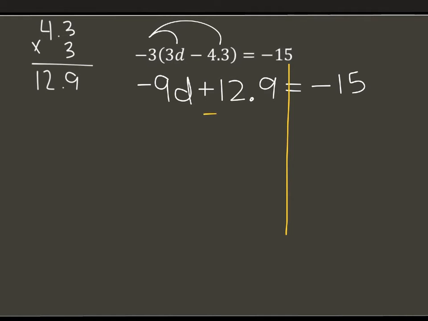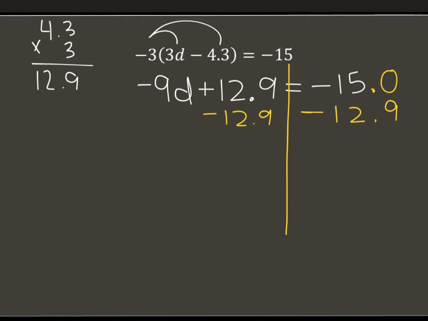First thing I need to do, subtract 12.9 from both sides. Remember, line up your decimals. So this is 15.0. Negative 15 minus 12.9. First thing I'm going to do is keep change. So keep negative 15.